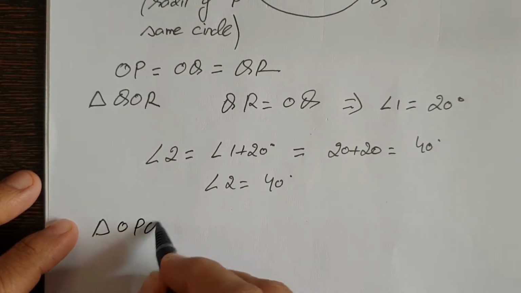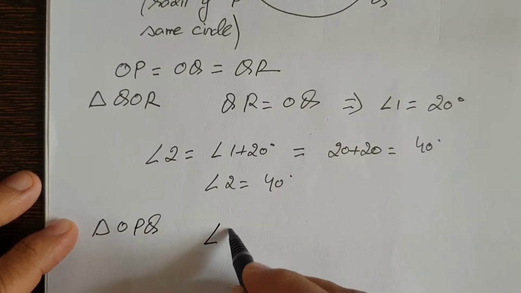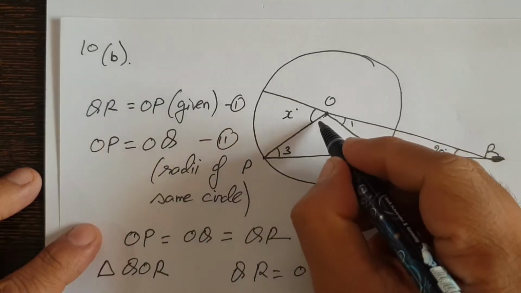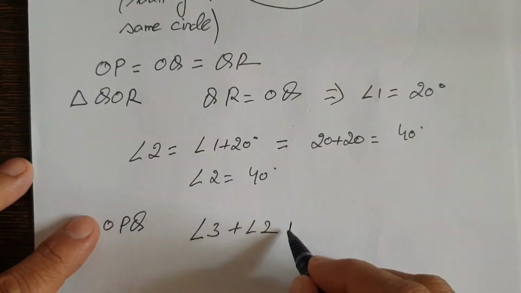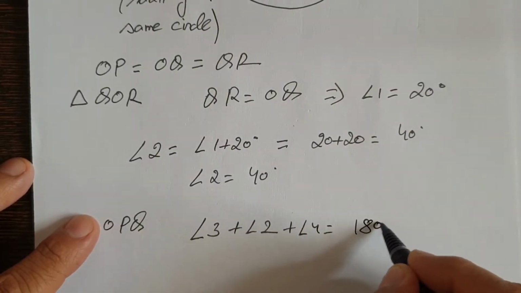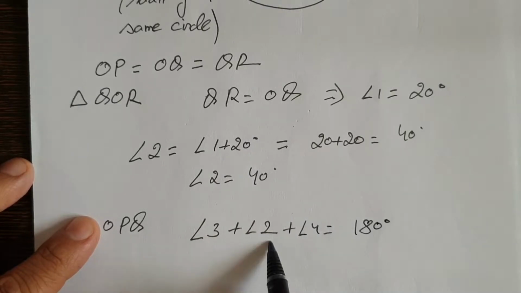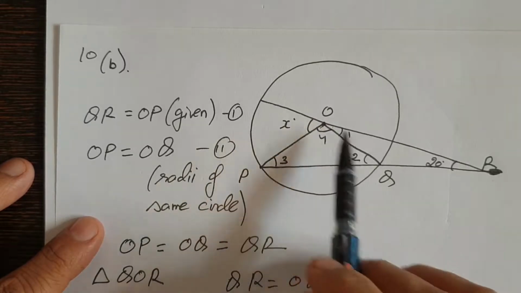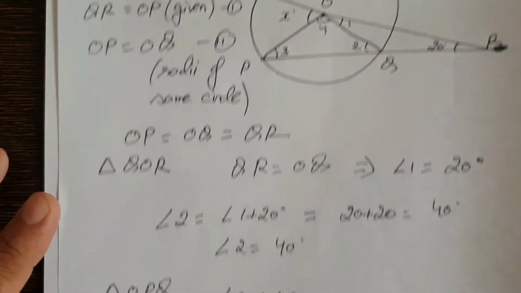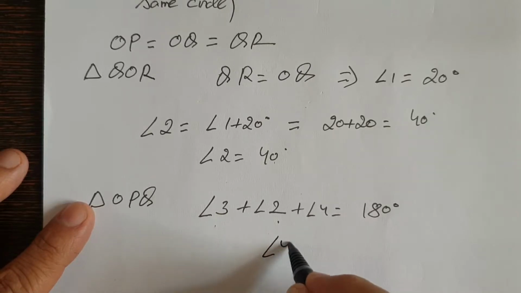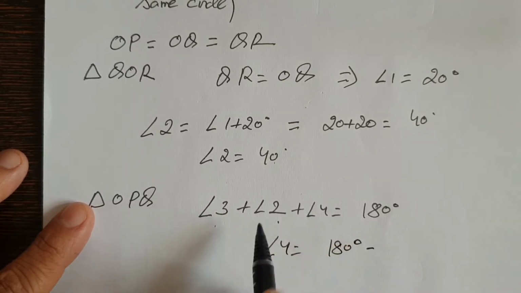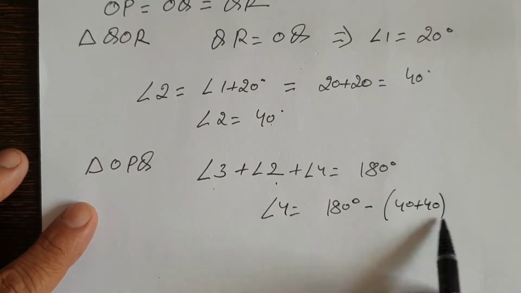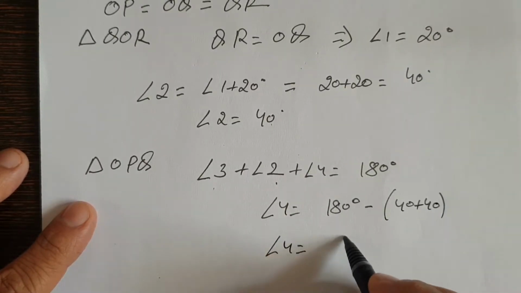Angle 3 plus angle 2, you can take this as angle 4, plus angle 4 equals 180 degrees. Now 2 is 40 degrees, 3 is also 40, because OP is equal to OQ. So angle 4 will be 180 degrees minus the sum of these two, which is 40 plus 40, actually 80. So angle 4 is 100 degrees.